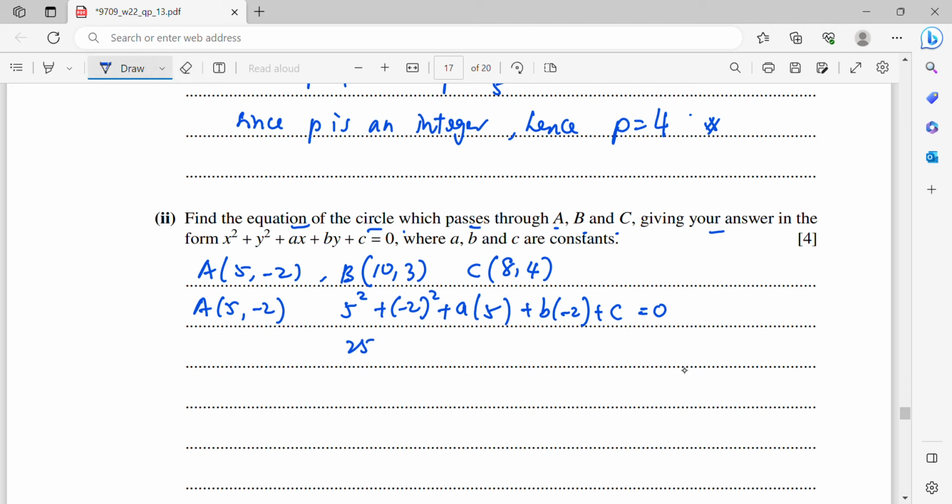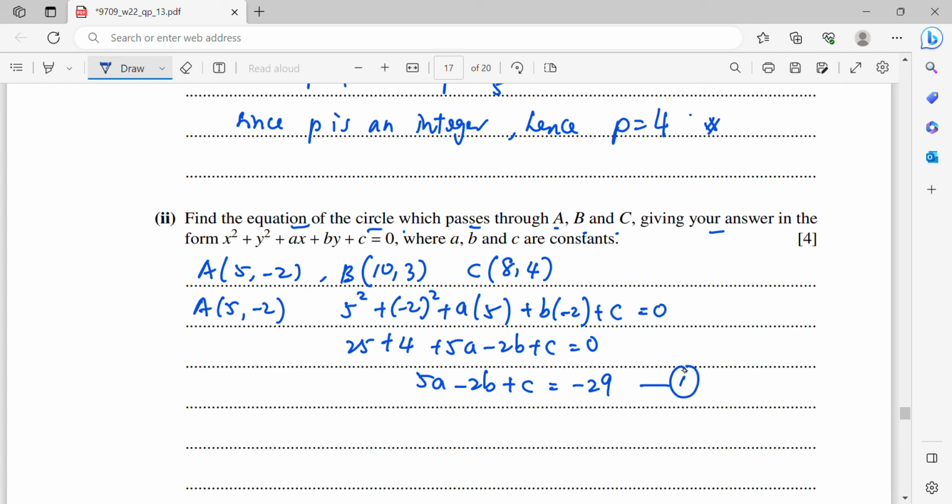Simplify: 25 plus 4 plus 5a minus 2b plus c equals 0. Hence 5a minus 2b plus c equals negative 29.